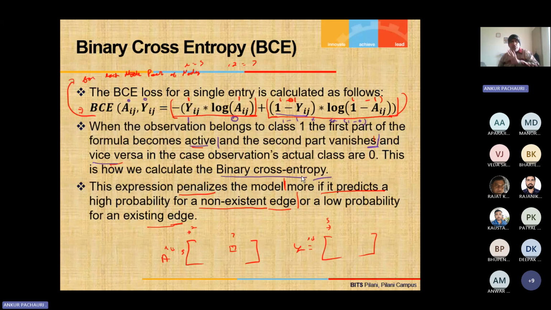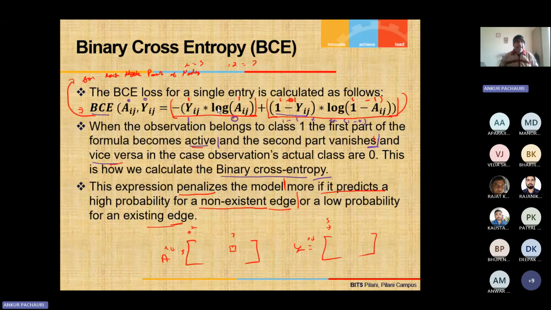because it accepts real values between 0 to 1. But in this BCE, binary cross entropy, it accepts only zeros or ones. If the first part is 0, the other part will be non-zero. If the second part is 0, then the first part will be non-zero. So in either case, one of them will give me a non-zero value, and the other part will give me a zero value.